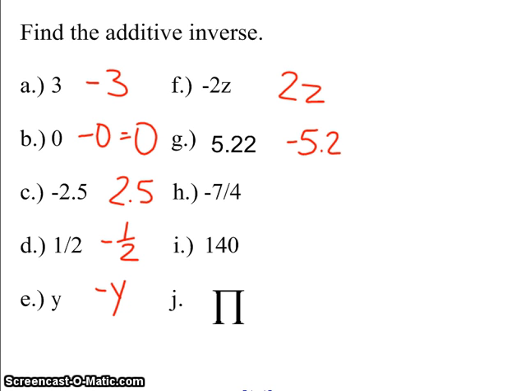Negative 5.22 plus 5.22 gives me 0. Letter H, we would need a positive 7/4. Letter I, a negative 140. And for letter J, that is supposed to be a pi value. And the opposite of pi would be negative pi, or we could read that as the opposite of pi as well.